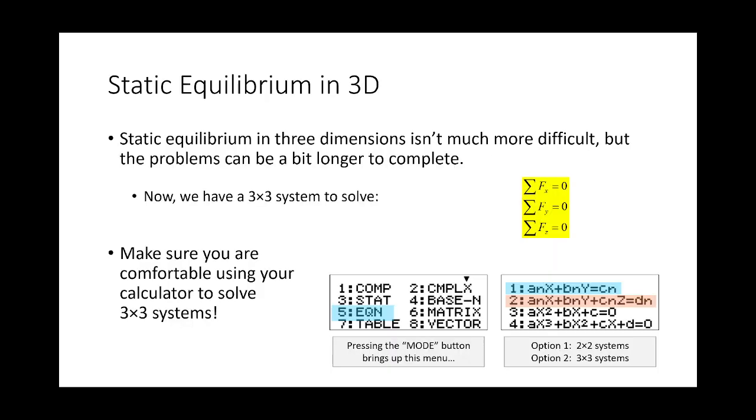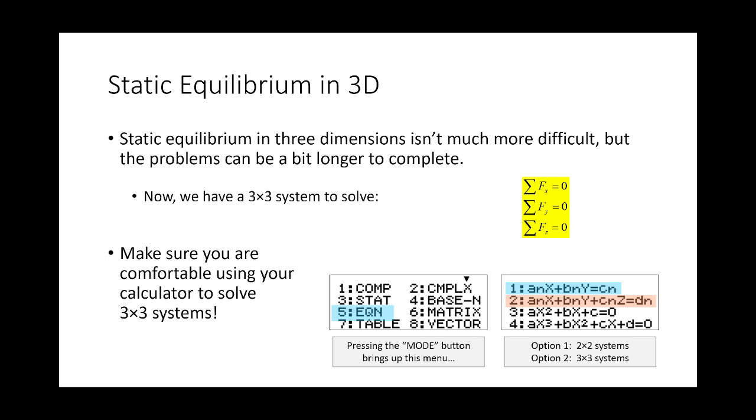So static equilibrium in 3D really isn't all that much more difficult than static equilibrium in 2D. We just have a different system to solve. Instead of 2 equations and 2 unknowns, we have 3 equations and 3 unknowns. Can your Casio FX-115ES Plus or similar scientific or graphing calculator handle this? Yes, it can.